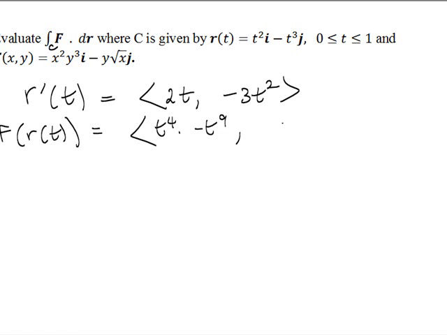The second component is minus y, which is t cubed, times square root x, which is t. So this becomes minus t to the 13th, t to the 4th.